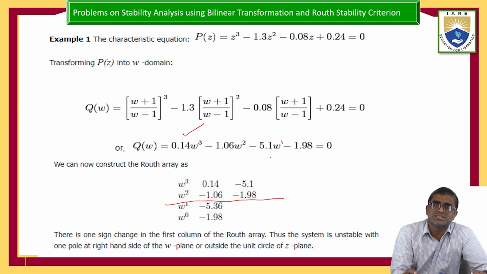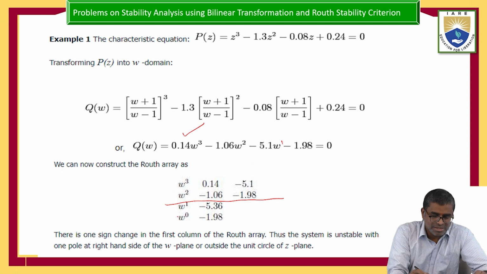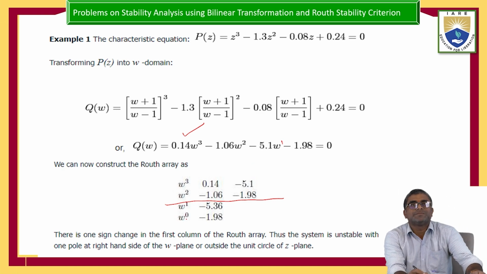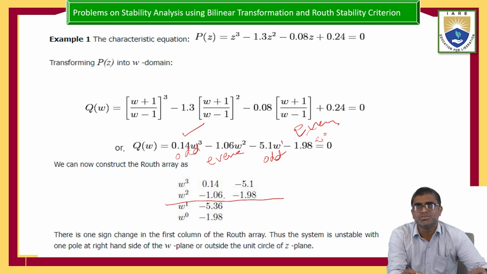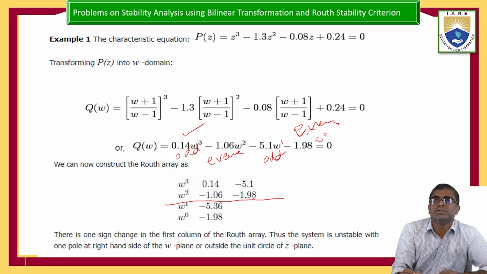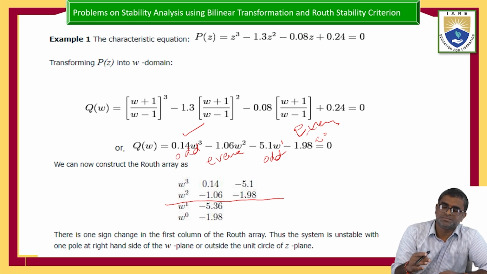Omega square is even, so minus 1.06, and then omega naught, minus 1.98. So it is odd and odd, even and even.